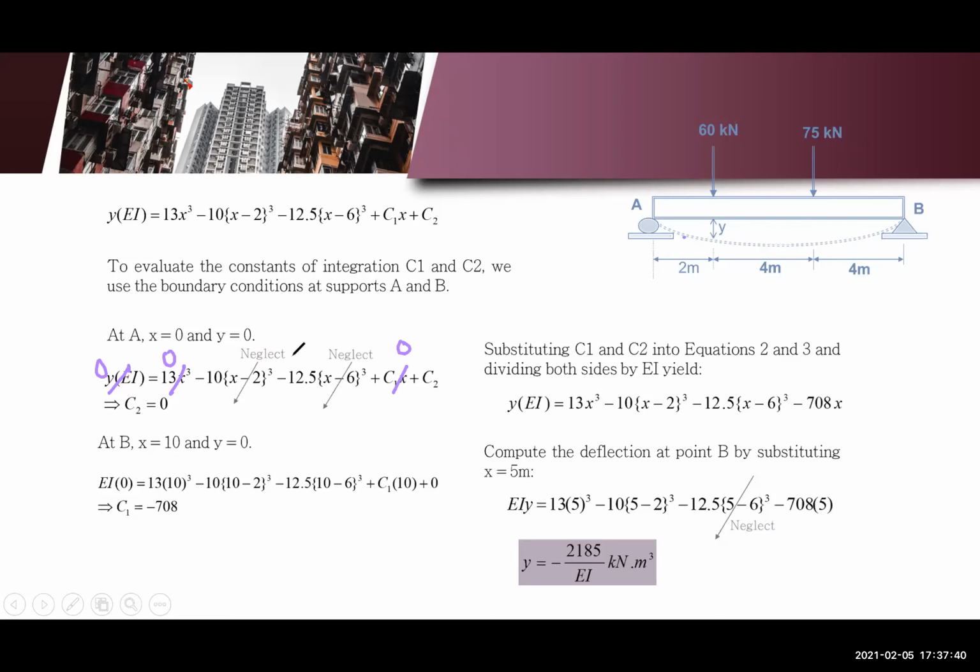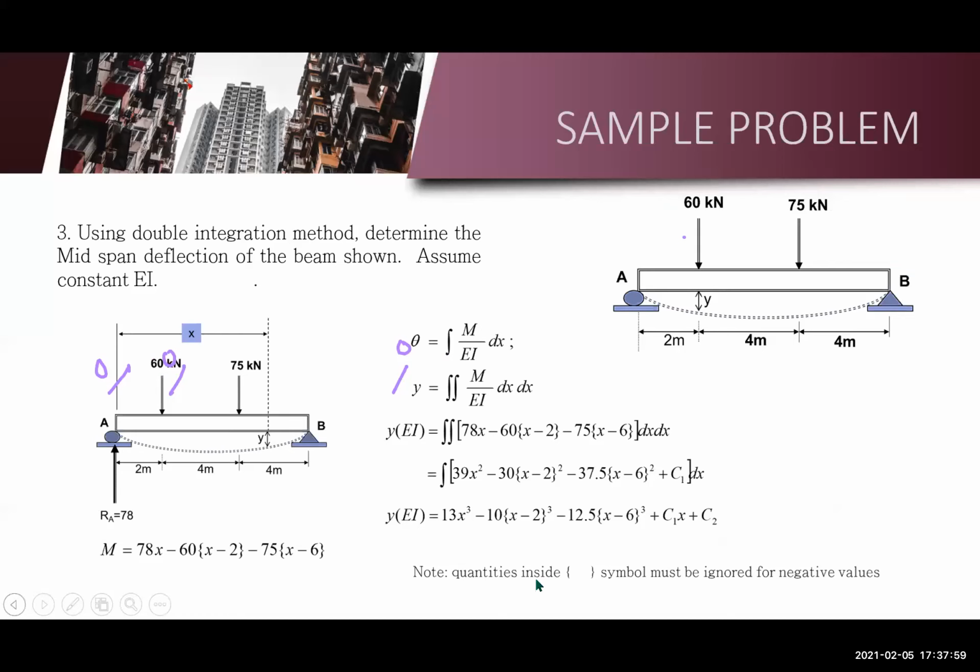And then, yung rule pala is, ganito kasi shortcut to, di ba? Yung lahat ng nasa loob ng parenthesis, if i-substitute mo yung value nung x and then ang lumabas is negative, ini-neglect mo siya. Nandito yung note. Ayan, note: quantities inside the bracket symbol must be ignored for negative values.